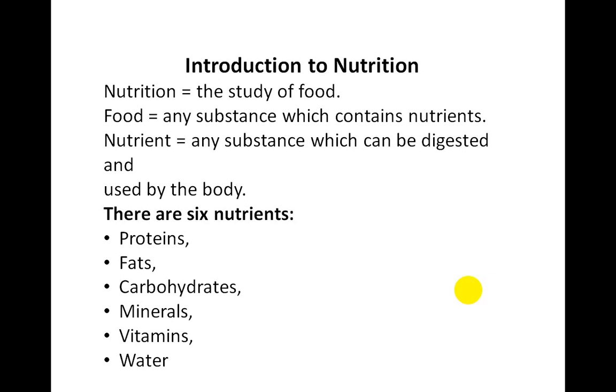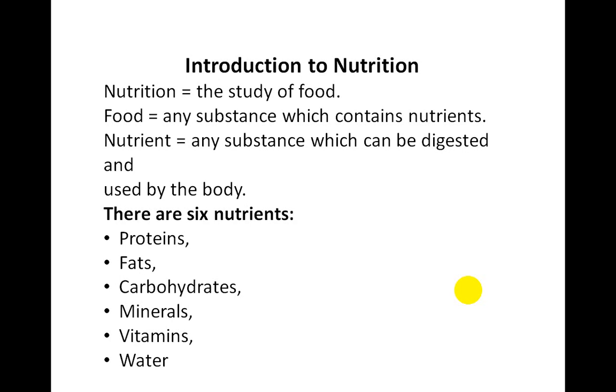Classification of food and foodstuffs. Foods are classified on the basis of their function. Number 1, energy yielding foods: food rich in carbohydrates and fats such as cereals, sugars and tubers.